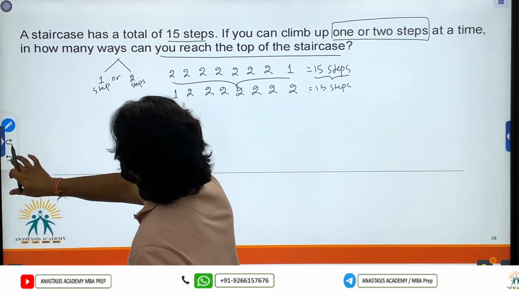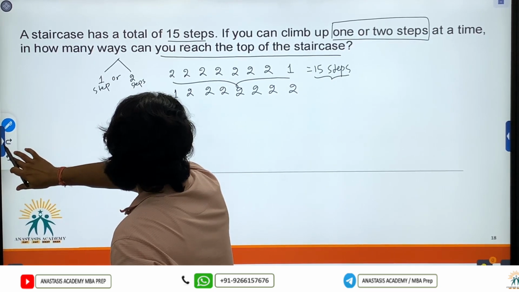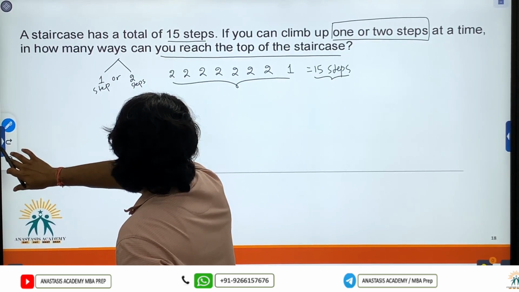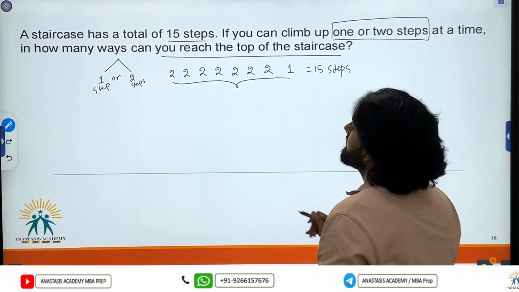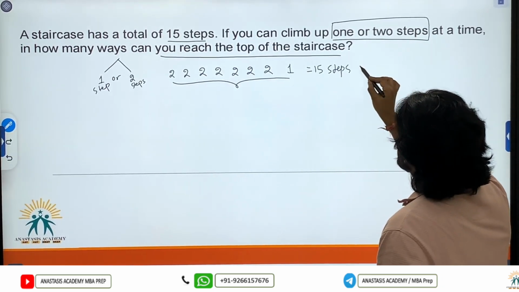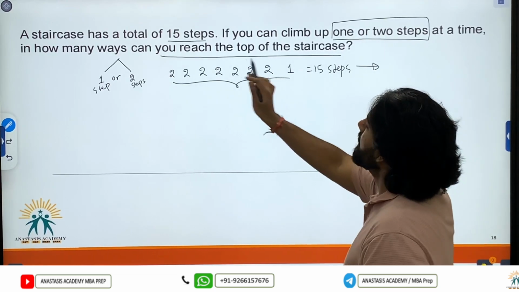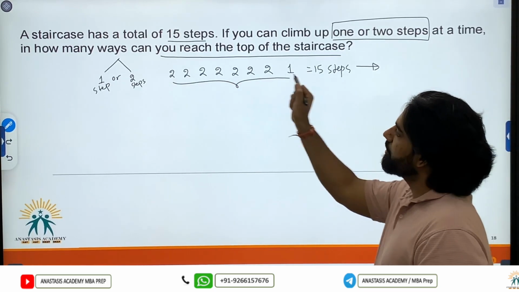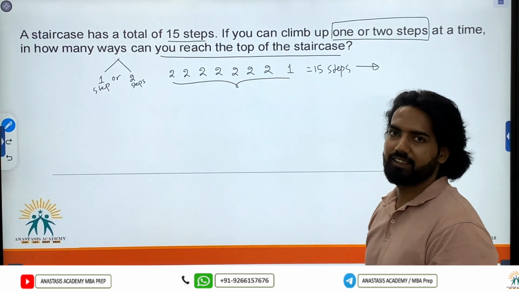So what I have to do is find how many such possibilities are there, right? And we have to write down the number of ways of arranging these objects, right?